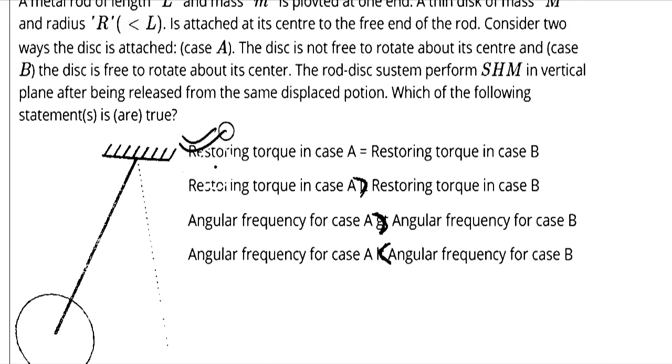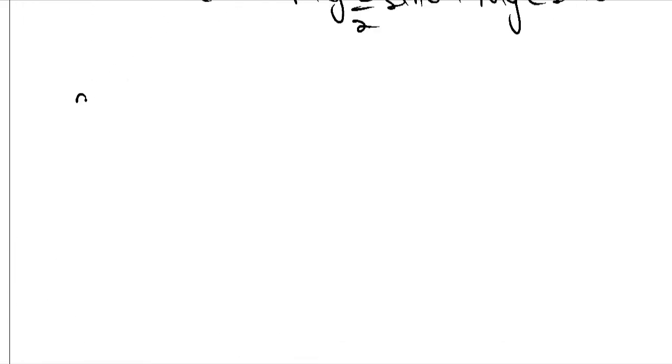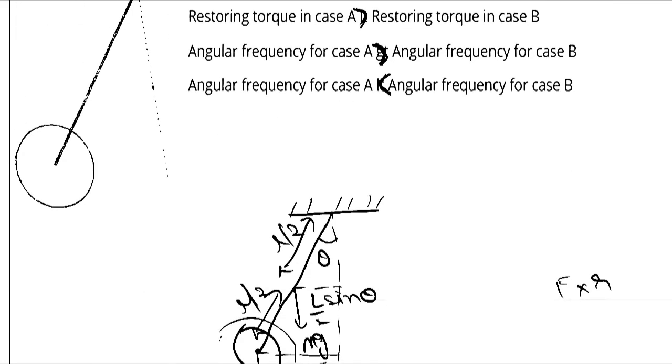So from here our first option is correct, and the third and fourth options are for angular frequency for case A and case B. So for angular frequency, if we consider case A, the total energy of our system is PE, potential energy, plus kinetic energy, which is due to the translatory motion of the rod-disk system about this axis.